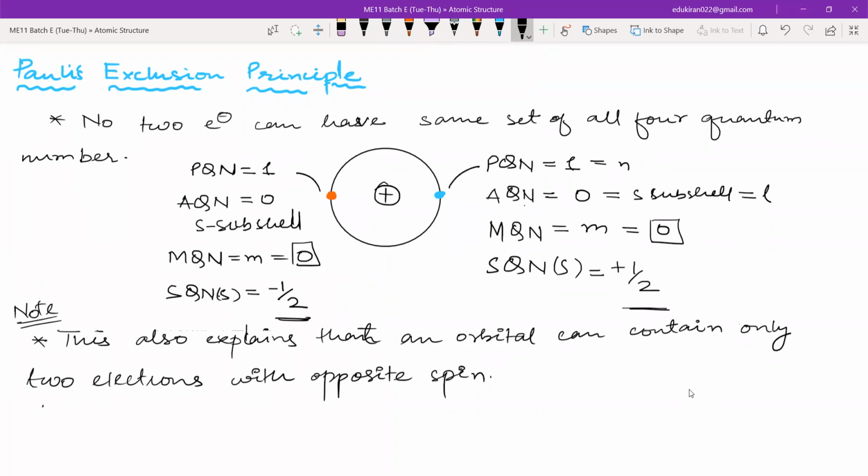Why opposite spin? Because if electrons are present in the same spin, then what will happen?